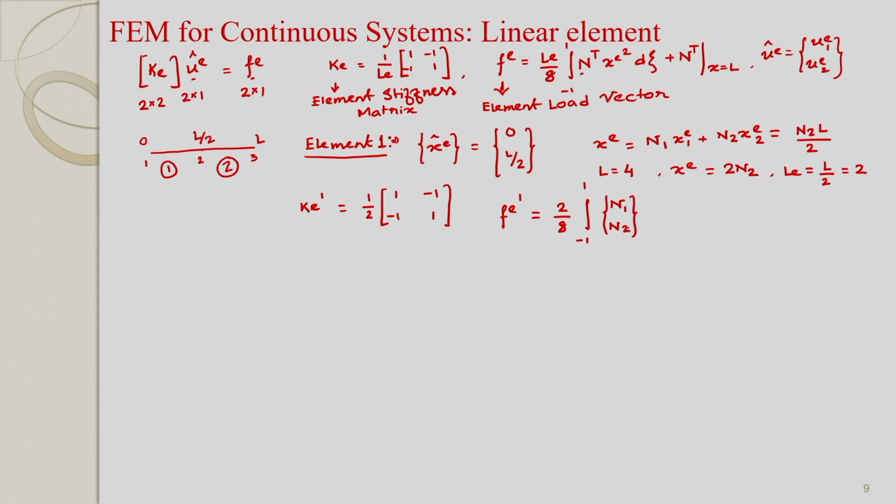Now, for this element xe is 2 N2 whole square d xi. So, that is, so this will be 4 and here 2 square will be 4, these 2 4 will cancel each other.